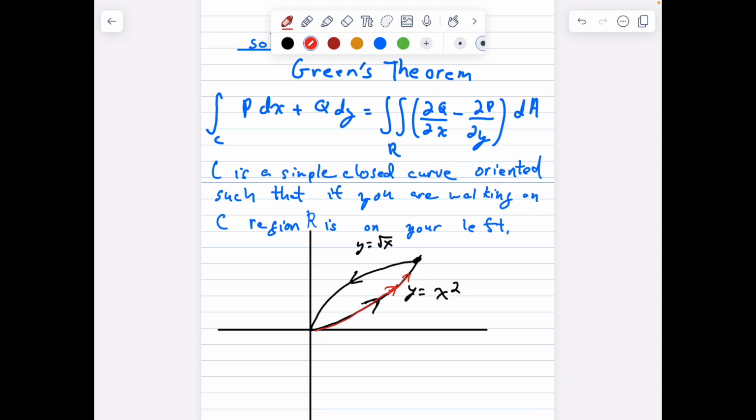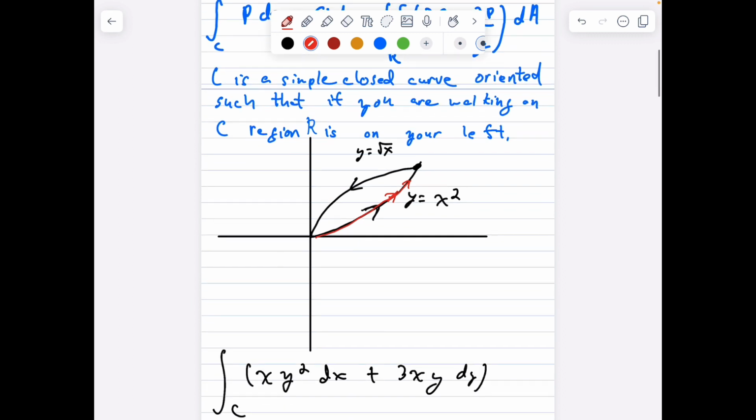I'm mentioning that because a line integral technically has a direction to it, and the direction can be affected by a plus or minus. That's why this has to be mentioned here. This result is for an orientation where the region is on the left of the curve. Okay, so we have the conditions met.